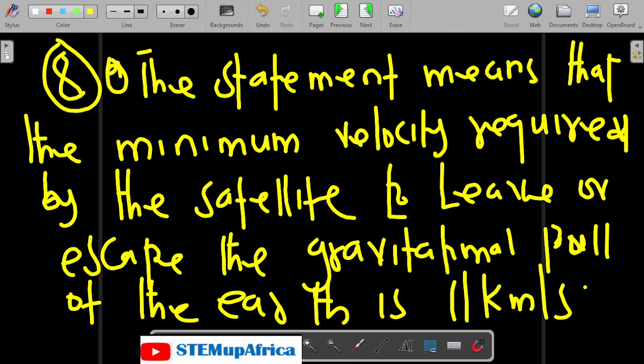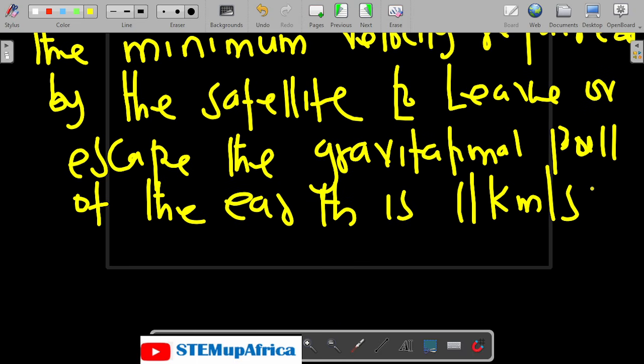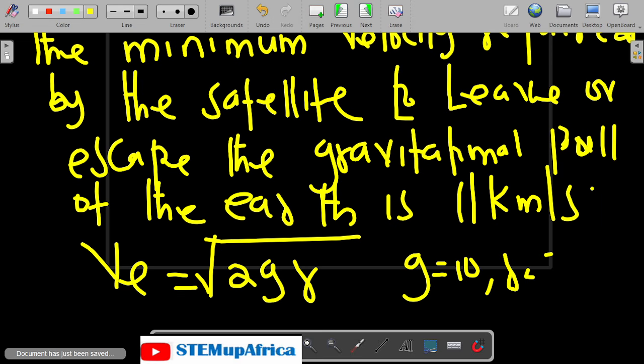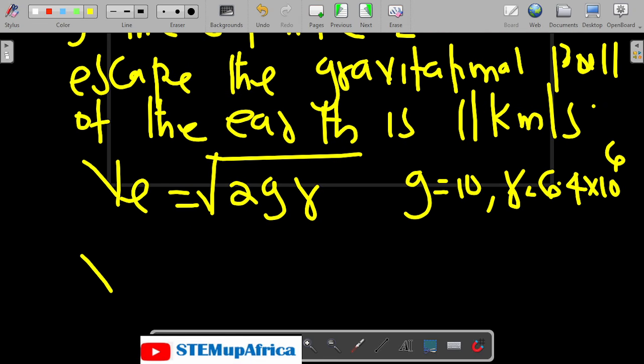So you can actually estimate this value by quoting the formula of escape velocity. VE is the square root of 2gr, where g is 10, and r is the radius of Earth, which is 6.4 times 10 to the power 6. So we substitute the values into the formula of escape velocity.